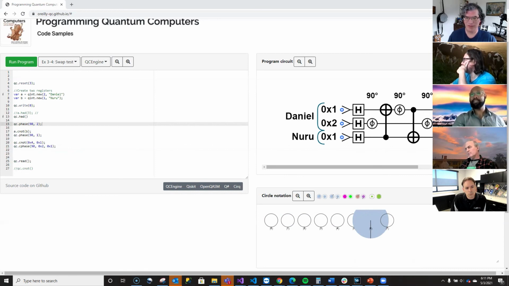The QC phase requires an output register. There isn't a separate C phase operator. That is very true. Thank you for that, I totally forgot about that. You're actually doing a QC dot phase with 3 arguments. The arguments are angle, control qubit, target qubit.